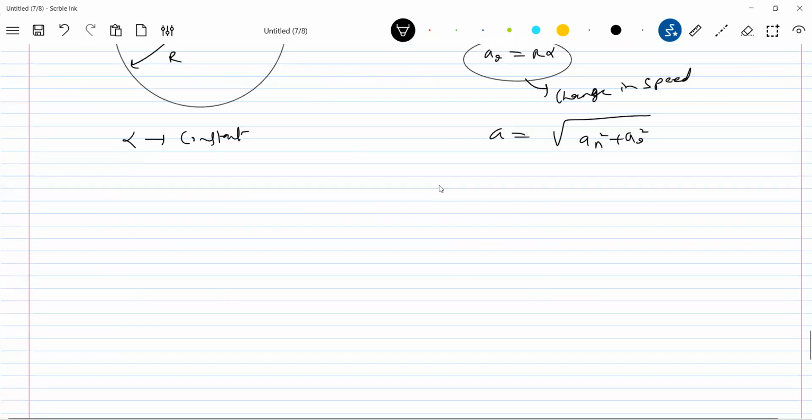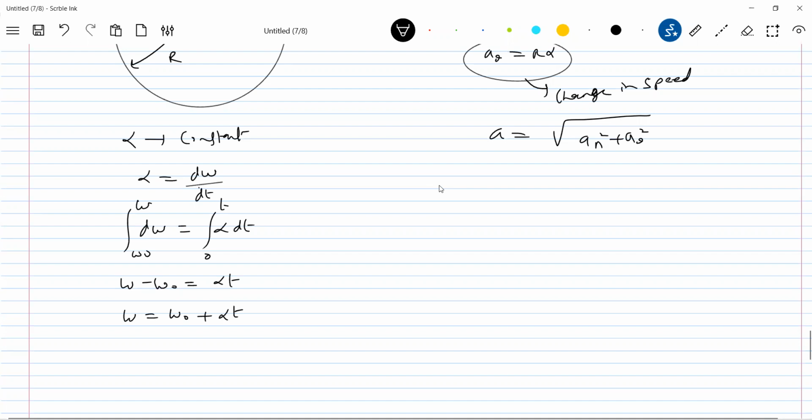Alpha we know is d omega by dt. So further d omega equals alpha dt. Let me integrate from 0 at t equals 0, omega naught. So therefore omega minus omega naught equals alpha t. Somewhere this equation is similar to what you came across, no? Equations of motion.